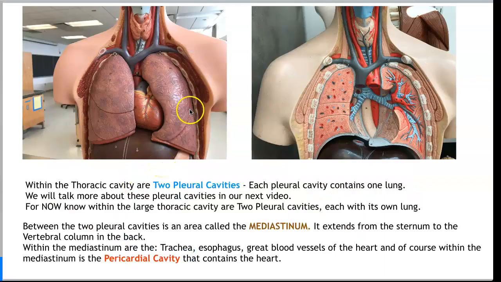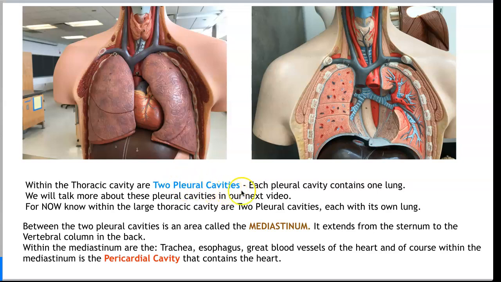So here is our classroom models. They have taken off the bony part of the thoracic cavity so you can see the organs that are contained within it. Now, within the thoracic cavity, we have two pleural cavities.